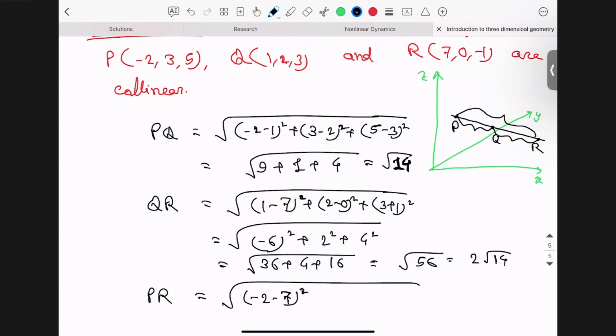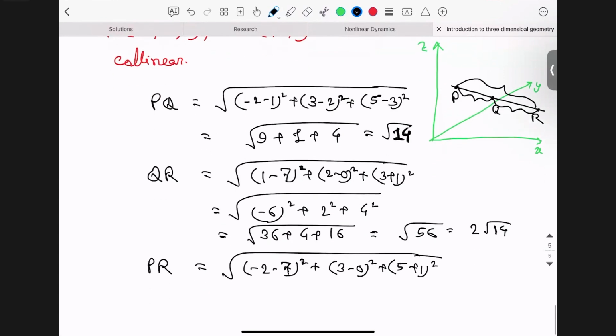Minus 2 minus 7 square, that's 3 minus 0 whole square, 5 plus 1 whole square, which implies 9 square, 3 square, 6 square: 81 plus 9 plus 36.